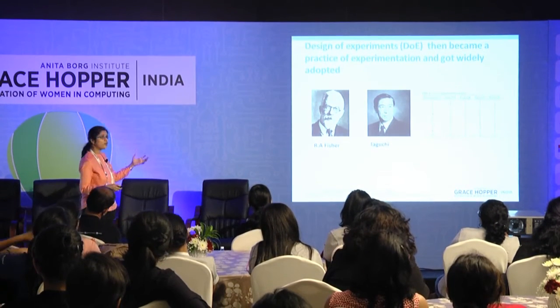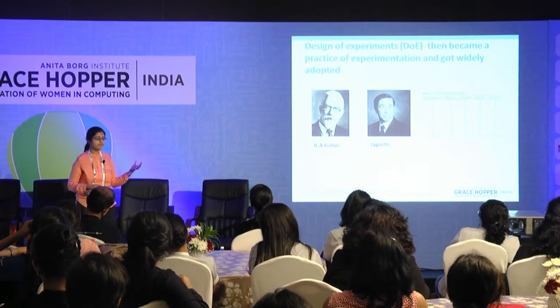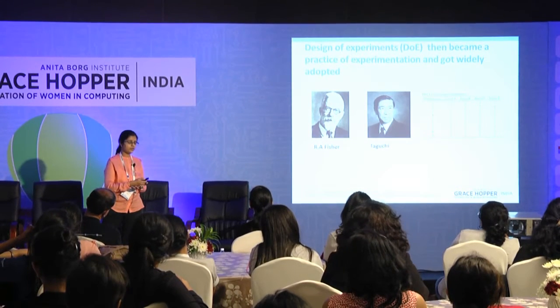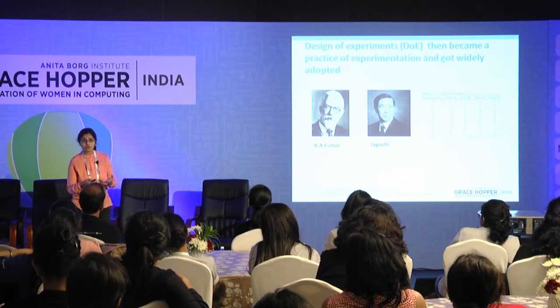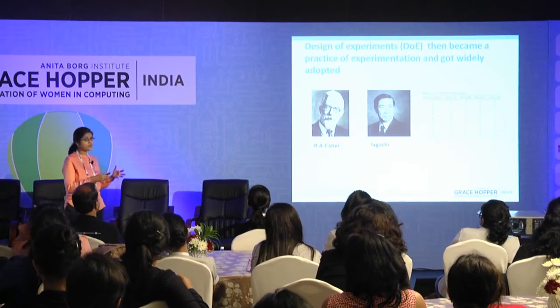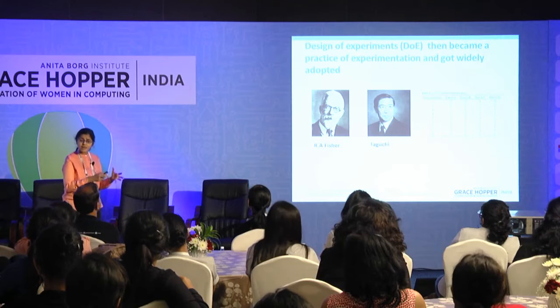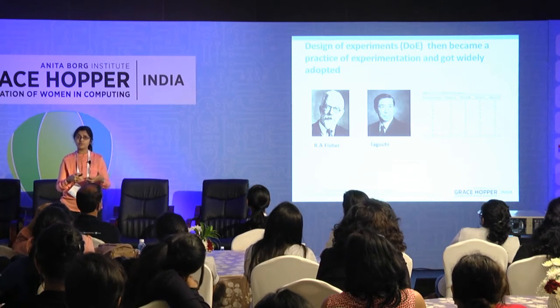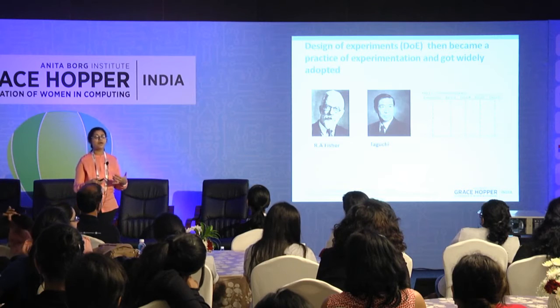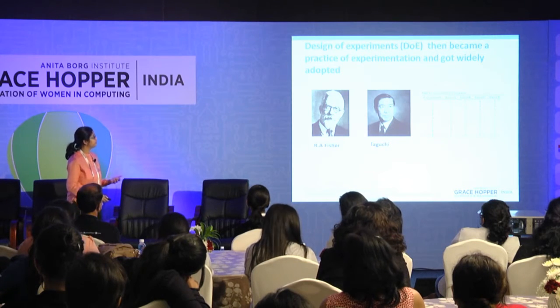These were the forerunners in that area. In fact, we also figured out that once Toyota was about to go bankrupt, Taguchi played a critical role in setting up those experiments and proving what works and what doesn't work, and that's one of the critical reasons Toyota came out of the bankruptcy.